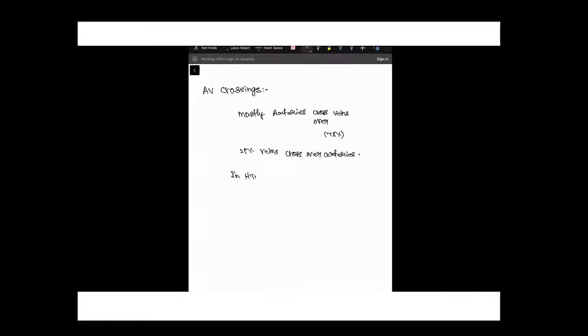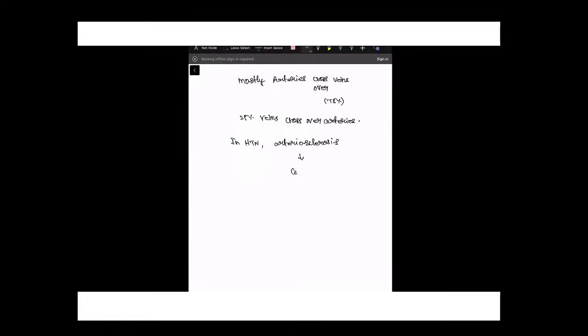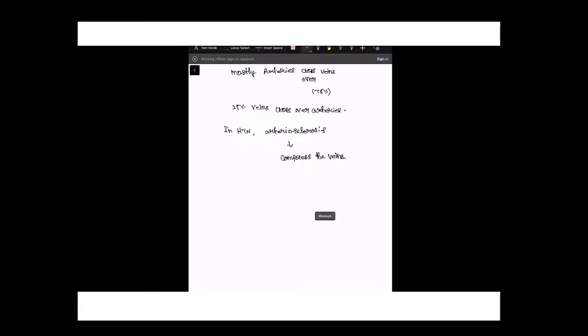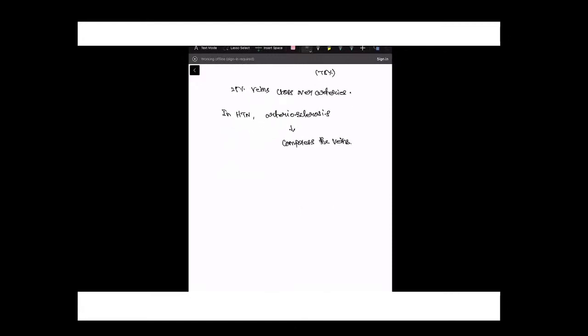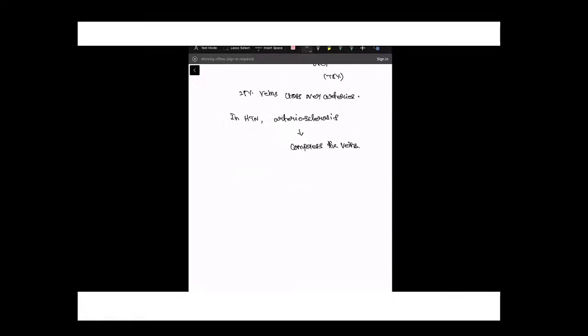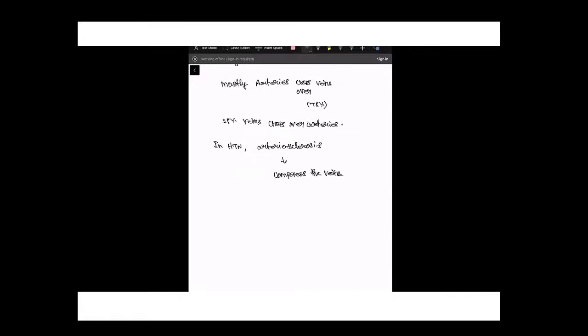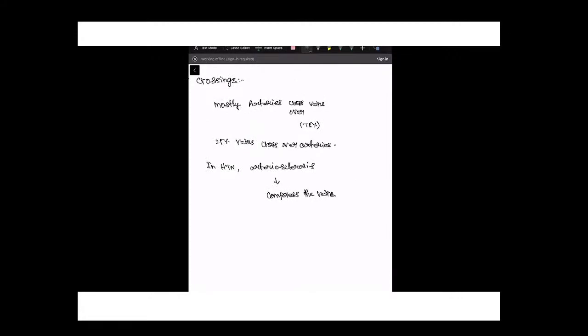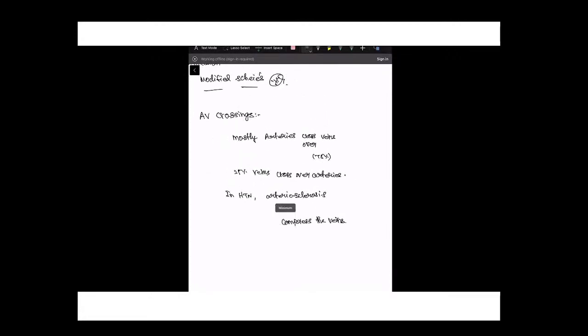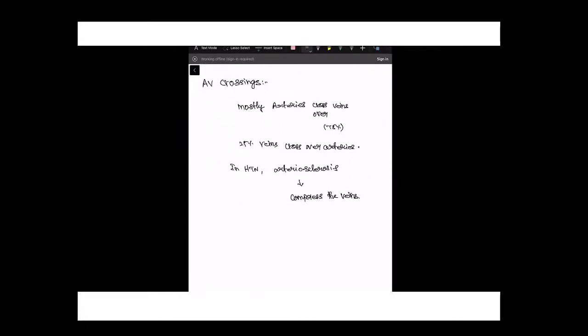In hypertension, there is arteriosclerosis, and this compresses the veins too. There is compression of veins in hypertensive retinopathy.